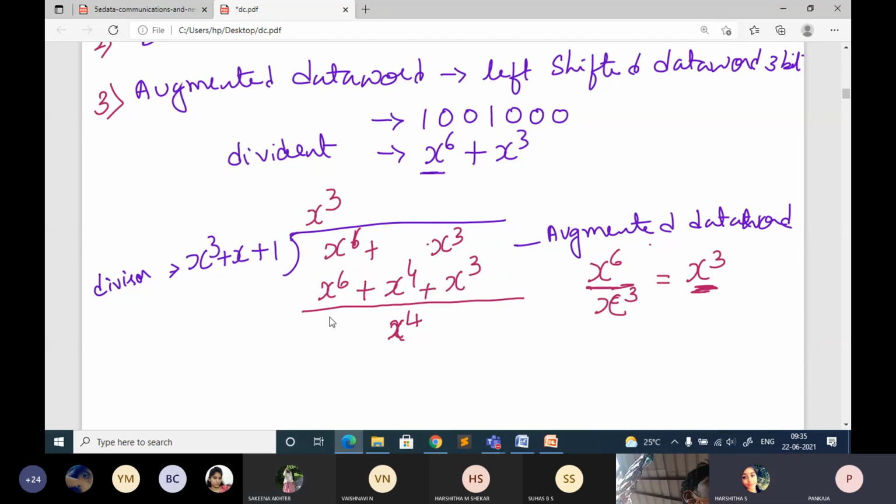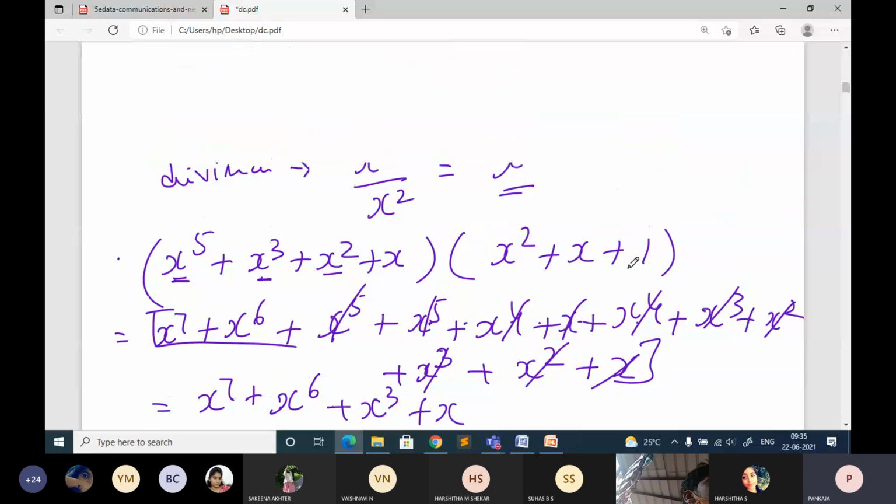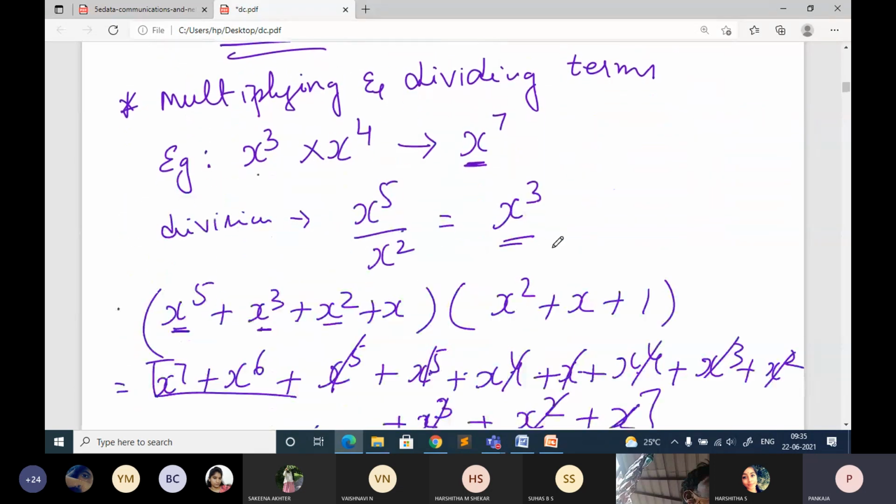For both addition and subtraction, similar terms, we have to cancel them, ma'am. Cancel them, and whichever term is left over, you have to write that as the result. That's what I did in the example, no? So when adding or subtracting polynomials, you need to cancel the identical terms, and the leftover terms you have to write as the result.